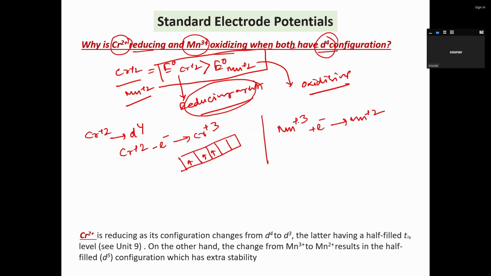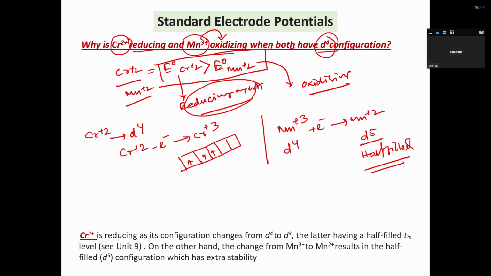When it is manganese plus 3, the electronic configuration is d4. But when it takes one electron, the electronic configuration is d5. But we know that d5 is half filled, it is stable.